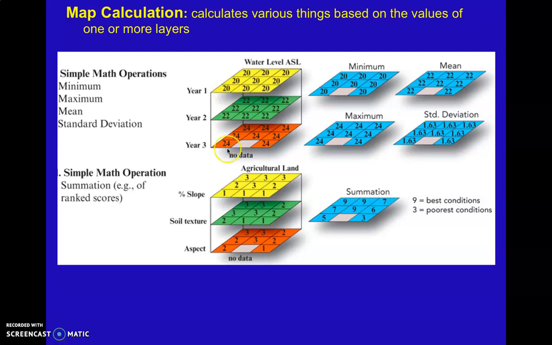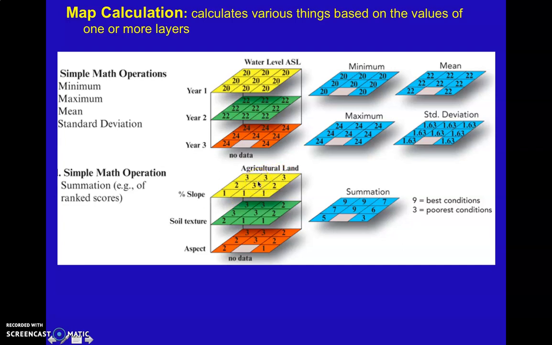Another thing we could do is, let's say we have some kind of raster that's representing a ranking based on something, right? So we might have areas that are saying, well, what is the slope in this area? If it's a steep slope, I'm going to give it a low value because I don't really like that. If it's a gentle slope, a flatter area, I'm going to give it a high value because I like that, right?